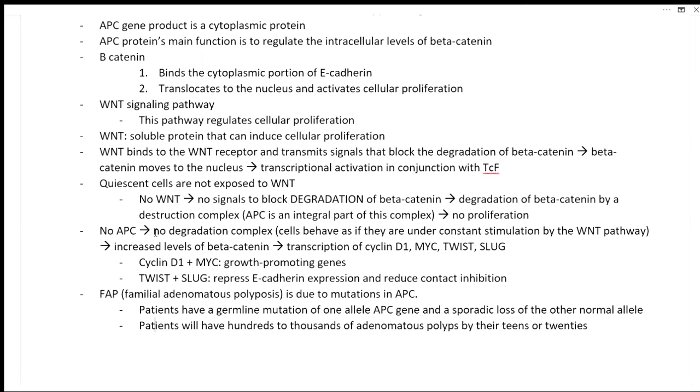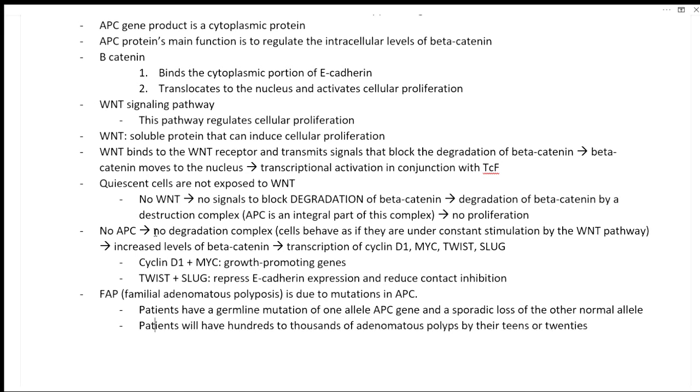So a lack of APC means no destruction complex, increased beta-catenin, and the cell behaving as if it's under constant stimulation by the WNT pathway. So no degradation of beta-catenin.